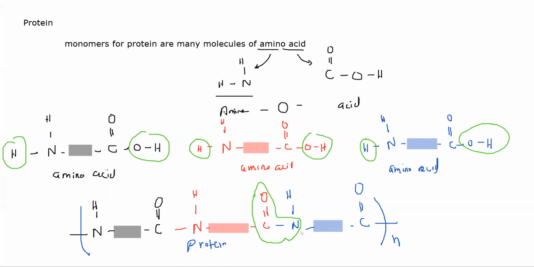So the same type of linkage is there in nylon as well. But the difference between nylon and protein is, nylon is a synthetic polymer, meaning man-made polymer, whereas protein is a naturally occurring polymer, or polymer formed naturally.